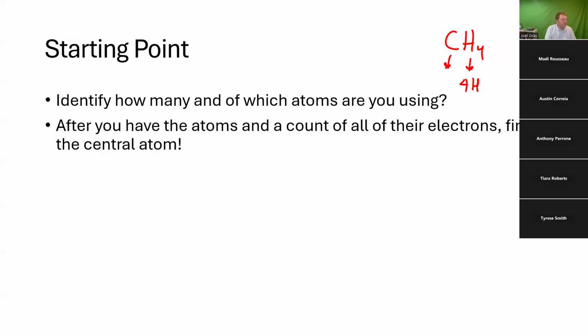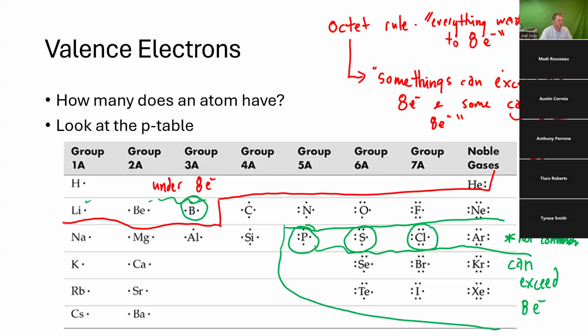Now, after you have the atoms, count all of their electrons, so that's the next thing that we have to do. Find the central atom. Okay, so I'm going to jump back to this slide right here. We've got a carbon atom with 4 electrons. And then we've got 4 hydrogens, each with 1 electron.